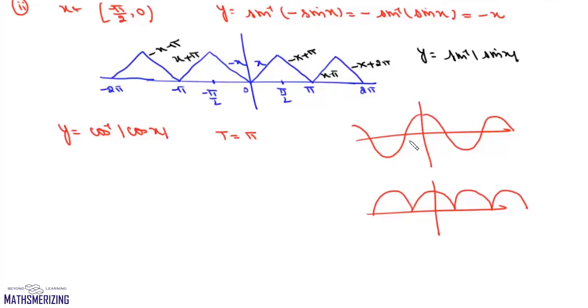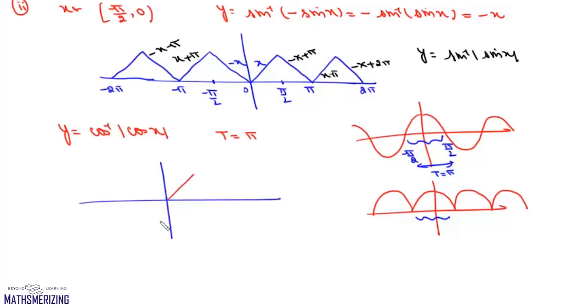The graph of mod cos x and cos x is same between minus pi by 2 and plus pi by 2, which is an interval of length pi. In this interval, graph of cos inverse of mod cos x will be same as graph of cos inverse of cos x.